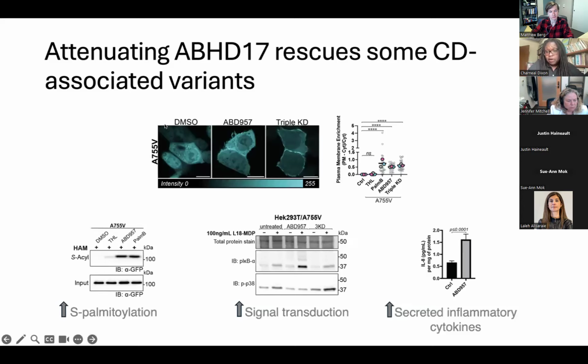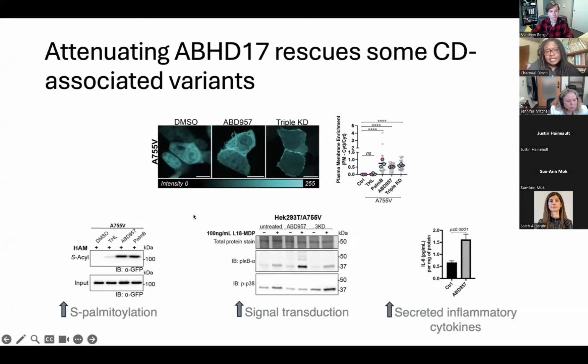Using confocal microscopy, we saw that the A755 valine Crohn's disease mutant, which is a completely soluble protein when expressed in cells, started showing relocalization to the plasma membrane. We also saw an increase in the amount of palmitoylated protein that we were able to capture in the lower left-hand corner.